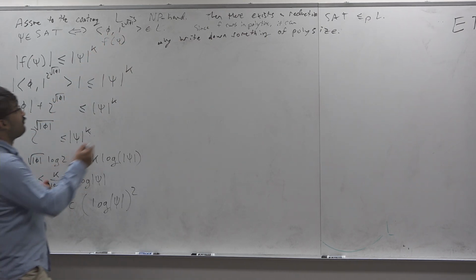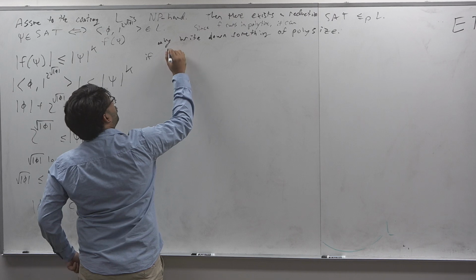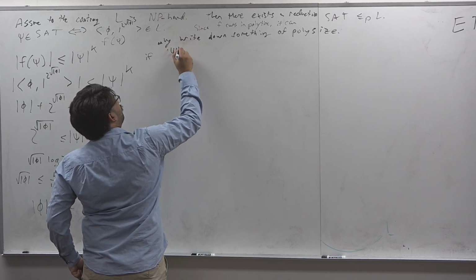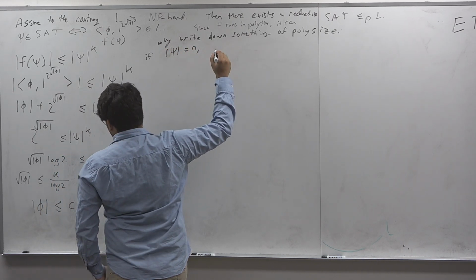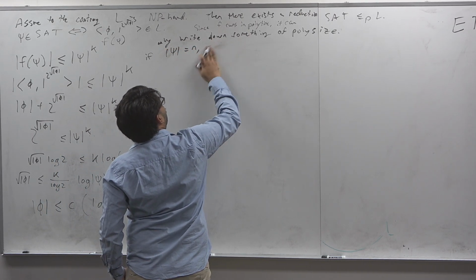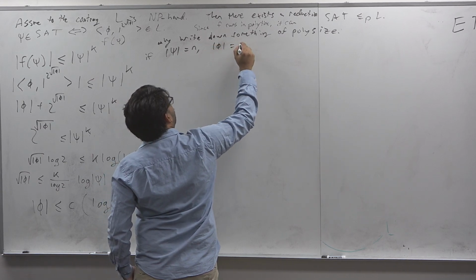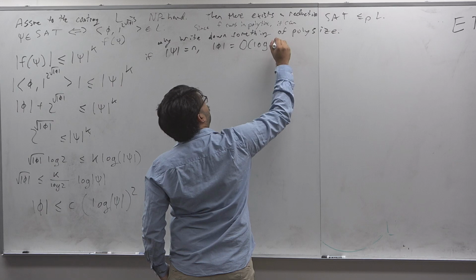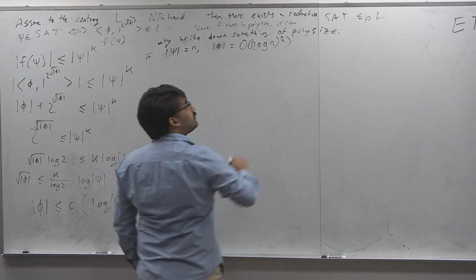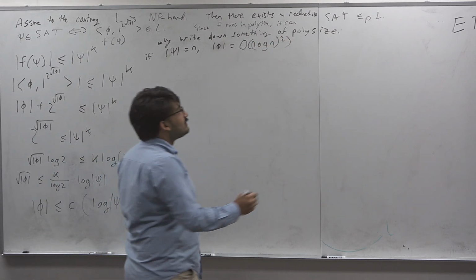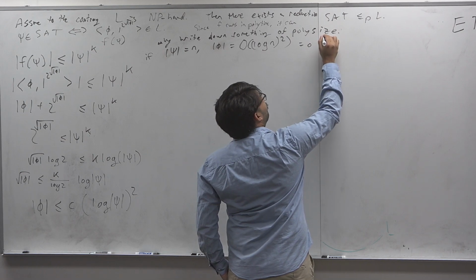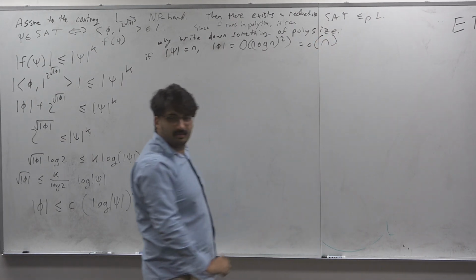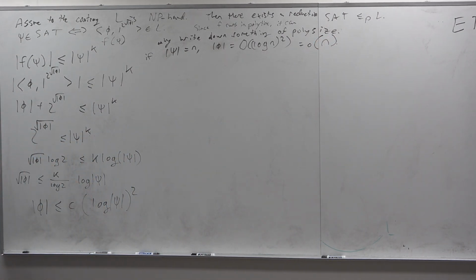Importantly, if the size of the input here is n, the size of psi is basically O of log squared of n, right? But that is little o of n. Phi is much, much smaller than psi.